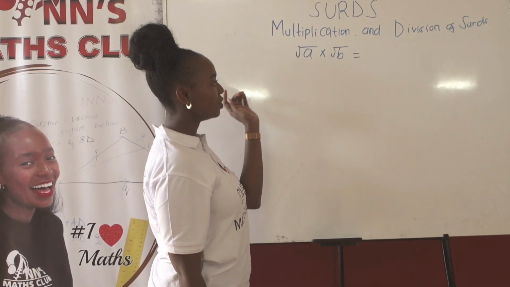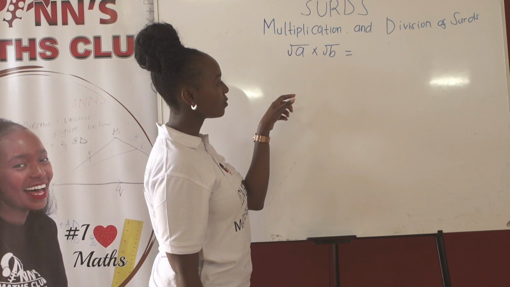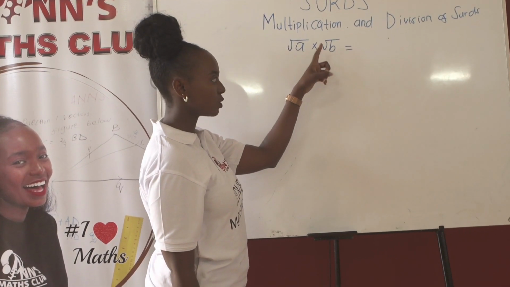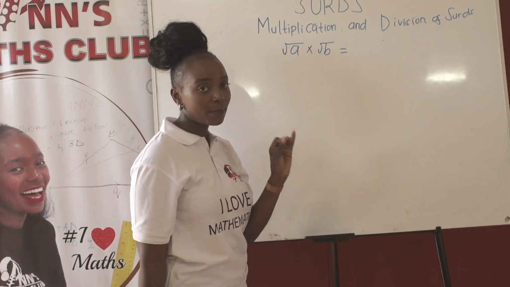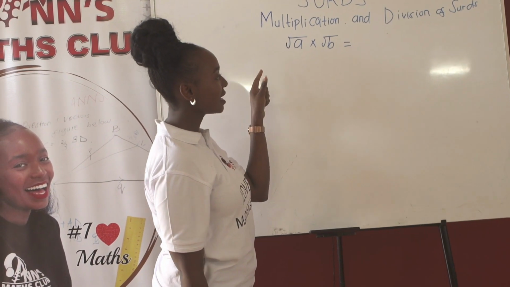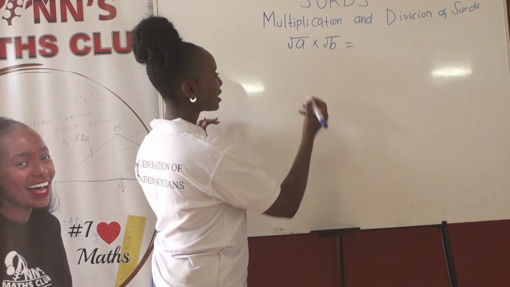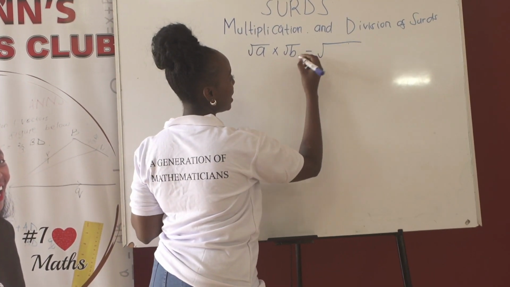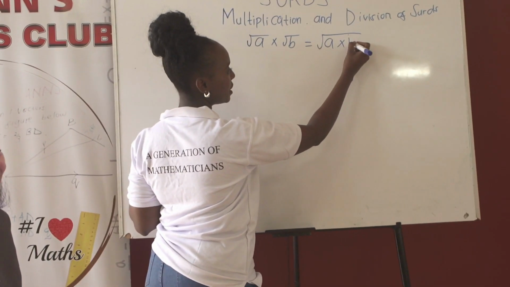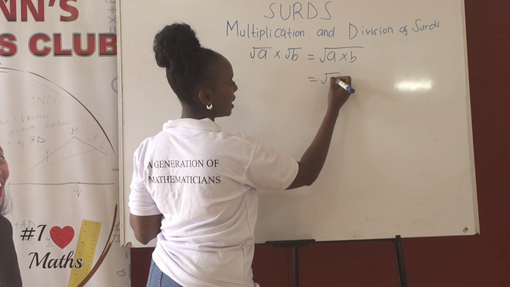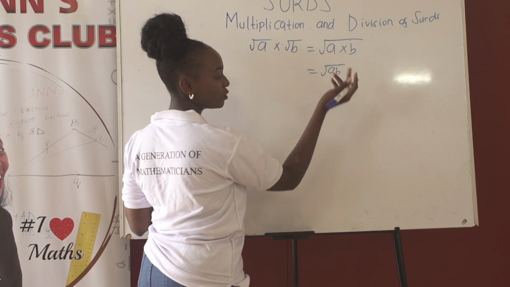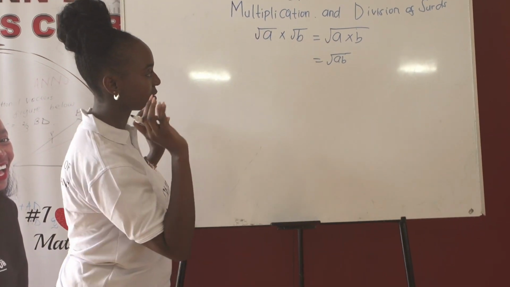For addition, you would only work it out if this was A and A, or B and B. But in this case, they are not the same. So you take A times B, so this becomes root of AB. You multiply the two values and you get your answer as root of AB.